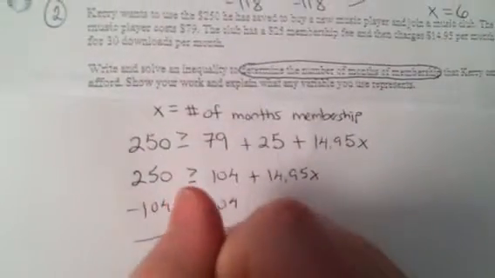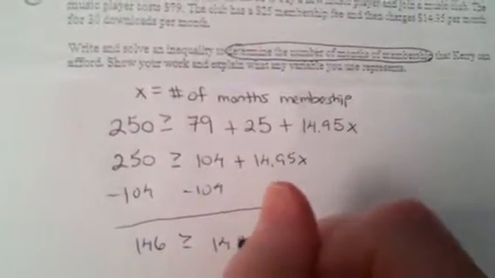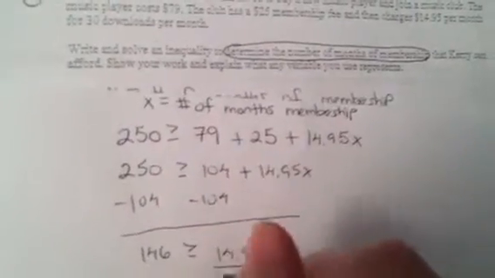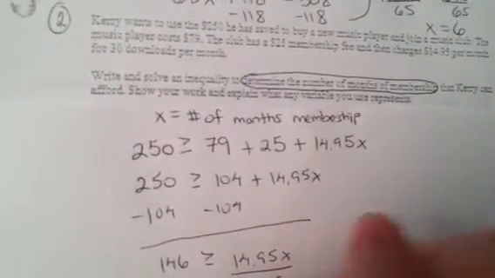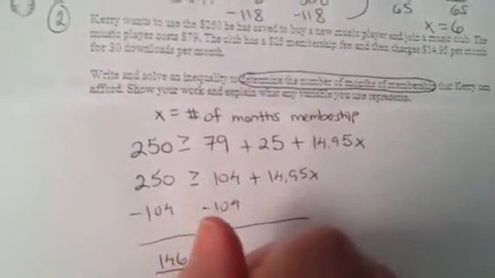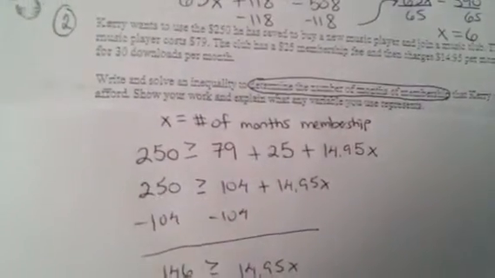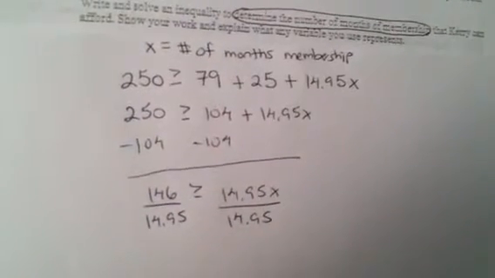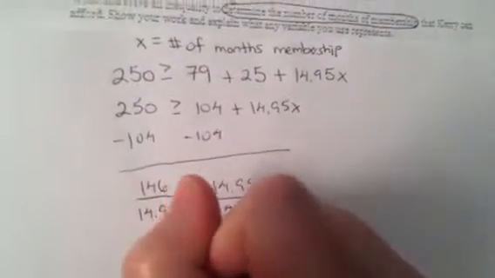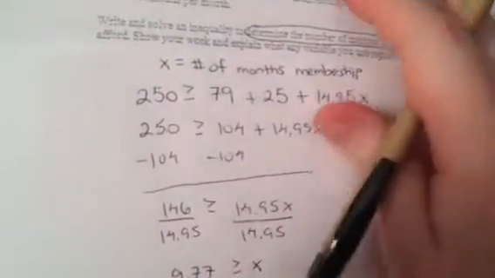You get 146 is greater than or equal to 14.95x. Divide both sides by 14.95. And you get 9.77 is greater than or equal to x.